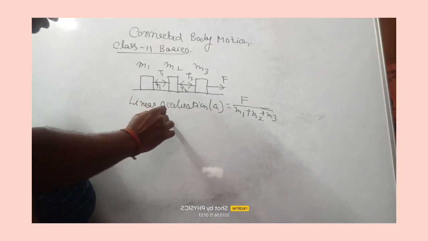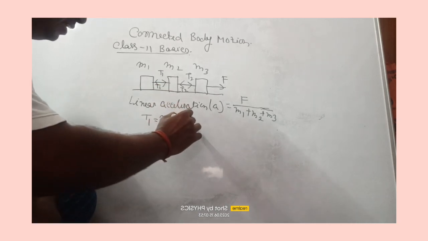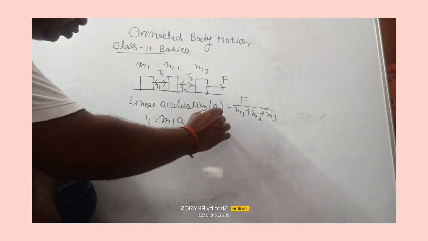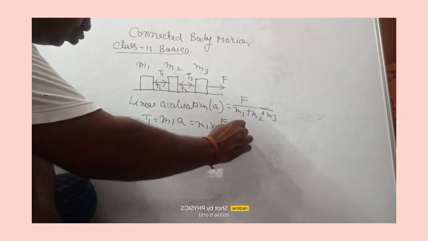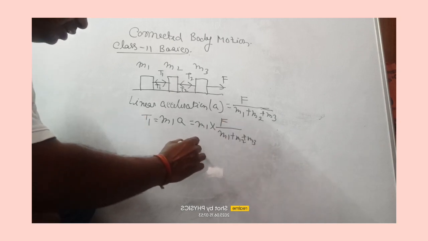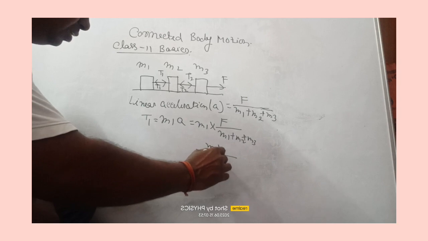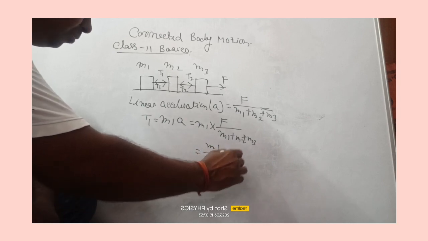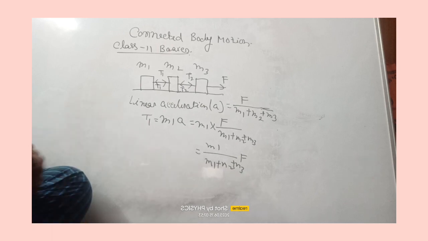T1 is equal to m1 into a, that is m1 into F by m1 plus m2 plus m3, that is m1 by m1 plus m2 plus m3 into F. That is the tension T1.